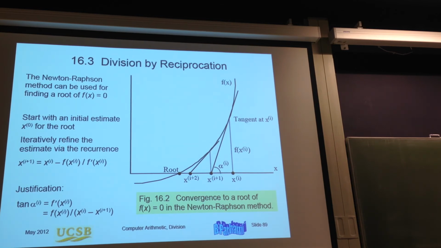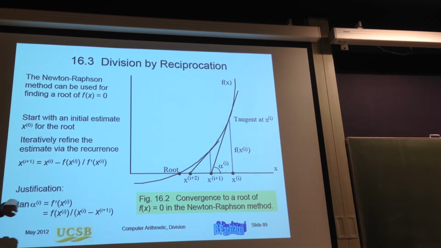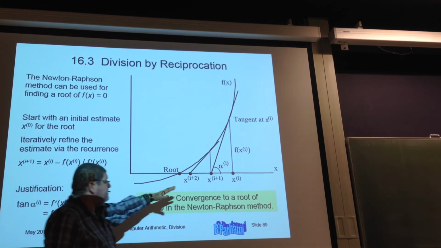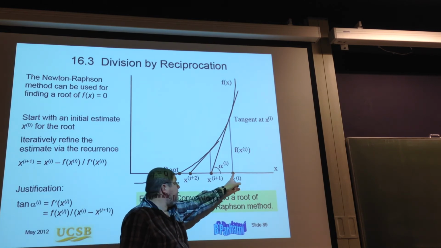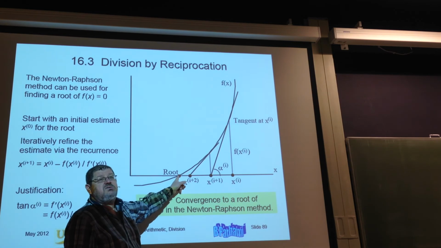And for Dutch-speaking people, it's not the wortel, right? Because I heard that kind of confusion. One is square root, and this is root. And this is the value for which the function is 0. And you can use an iterative method based on this kind of tangent to get from this approximation closer to this point, which is the root.